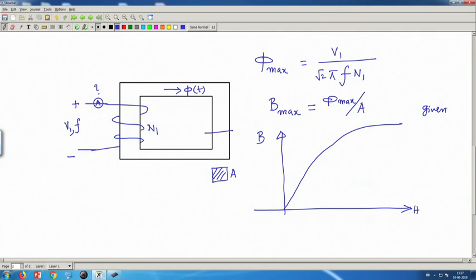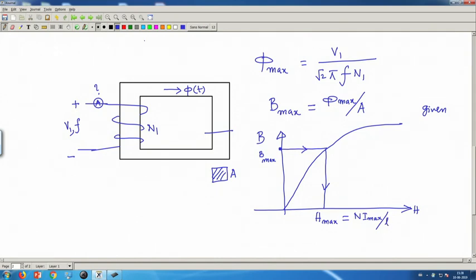Then I will take this B max, come here, and corresponding to this B max, note down how much H is necessary; that I will call H max, and this is nothing but N I max by L. What is L?